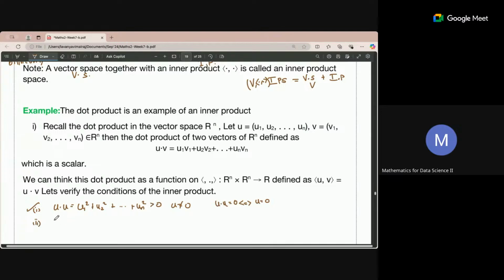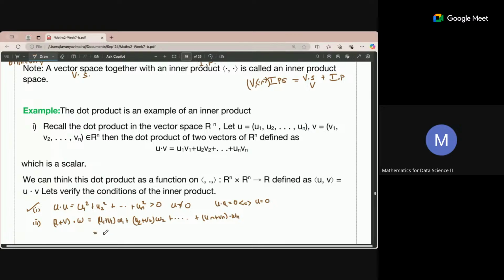And what about the second one? So what about u plus v dot product with maybe w? So you have u plus v means u1 plus v1 you have here. So u1 plus v1 into w1 plus u2 plus v2 into w2 plus and so on un plus vn into wn.